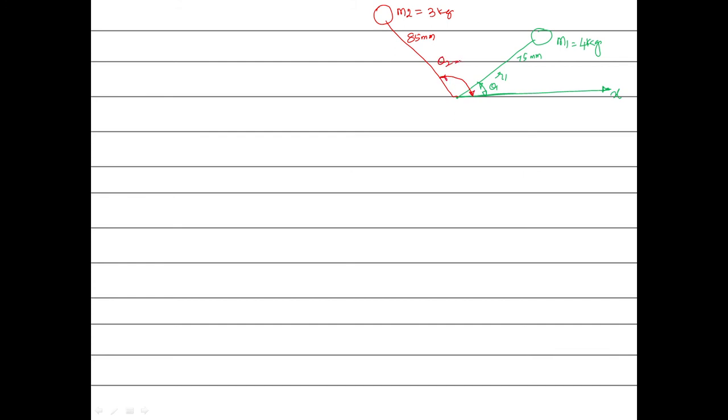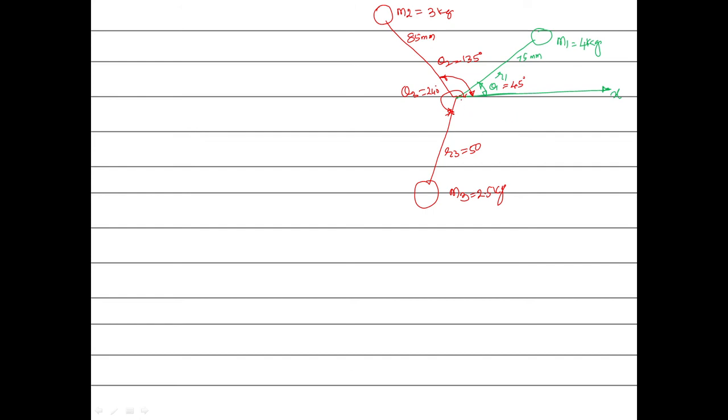This is theta 2, 135 degrees, and this is 45 degrees. This is M3, equal to 2.5 kg, with radius R3 equal to 50 mm, and orientation theta 3 equal to 240.